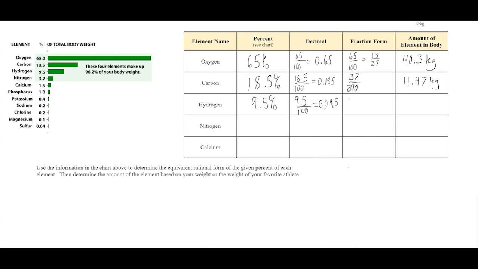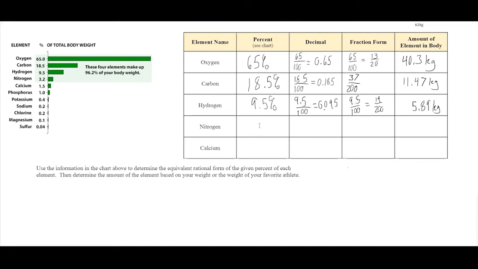The fractional form, 9.5 over 100, is not rational, and so we multiply both the numerator and the denominator by 2, giving us 19 over 200, which is as reduced as it can get, as 19 and 200 do not share any factors. And then finally, the amount of element in the body, we take 62 times 95 thousandths, and we see that we get 5 and 89 hundredths kilograms.